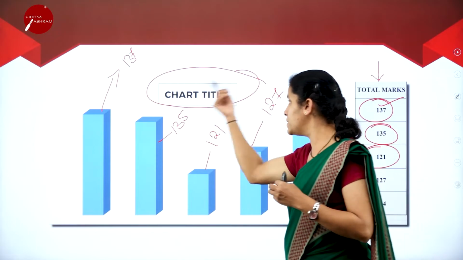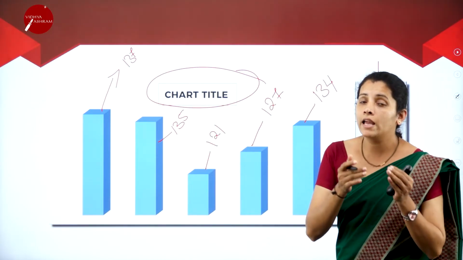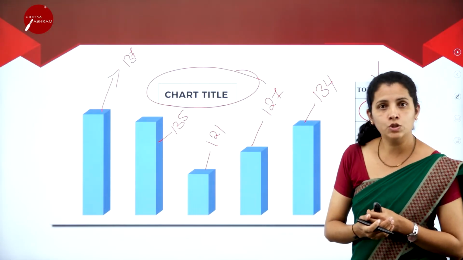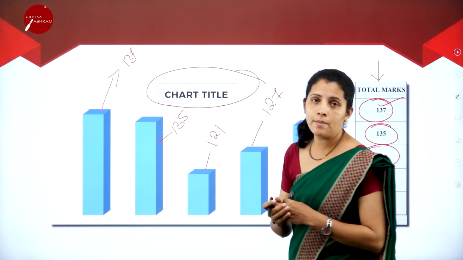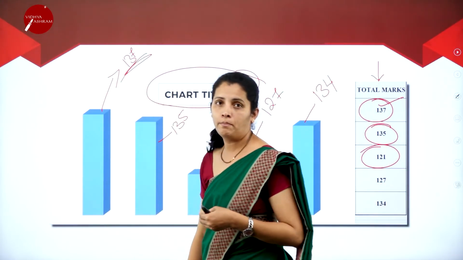So here I have specified a chart title. Instead of that, I can specify that this is the total mark of the student. So here I can give any name, and at the same time I can represent the marks.